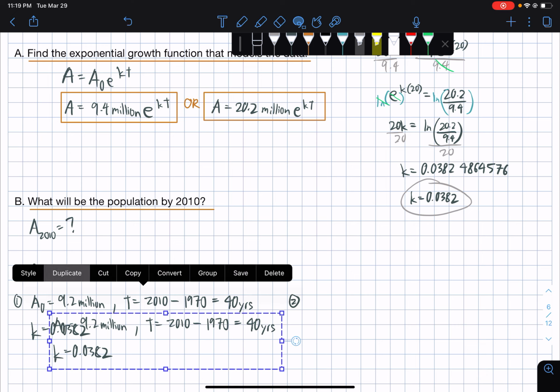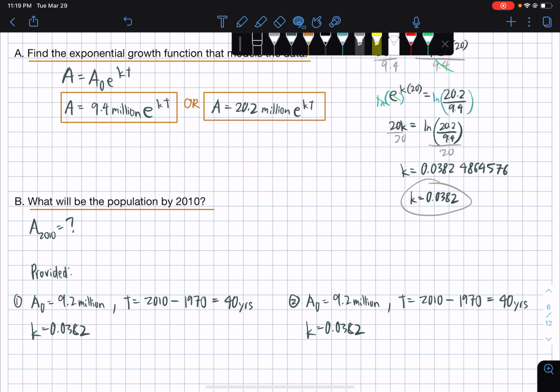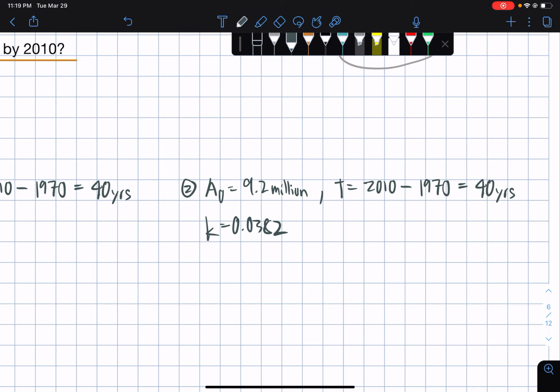Let's just copy paste this. The other given would be 20.2 million, such that 2010 minus 1990 is y. Okay, 20 years.